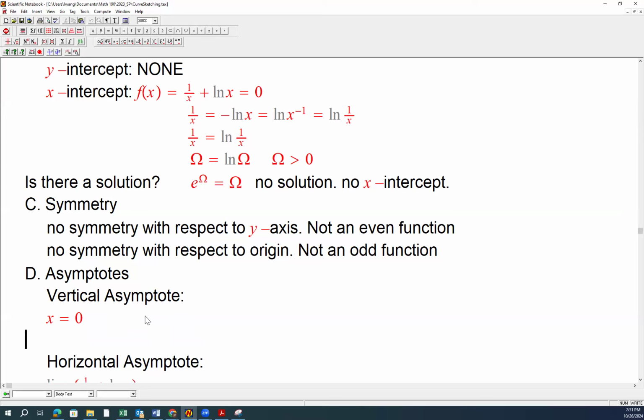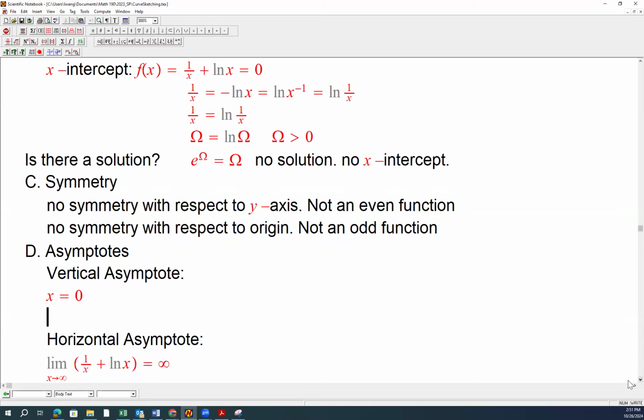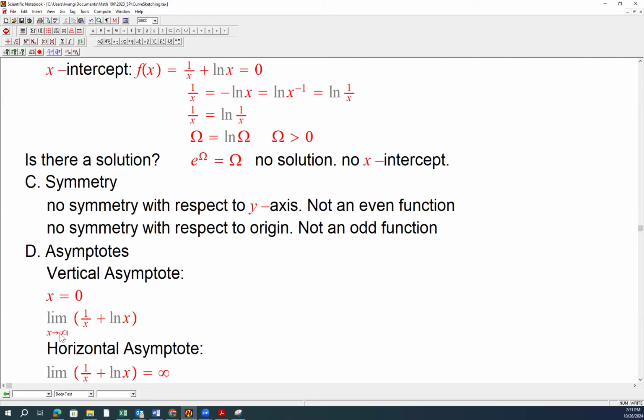When we look at the limit, we have to do the limit inside the domain. So we're going to look at this limit as x approaches 0 from larger than 0.